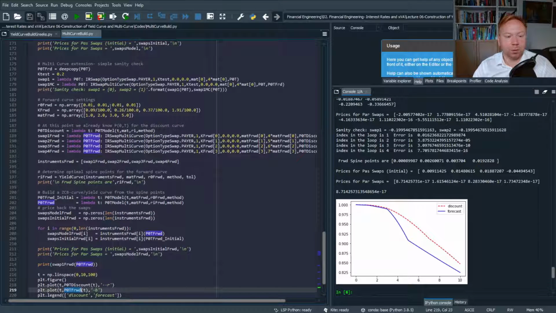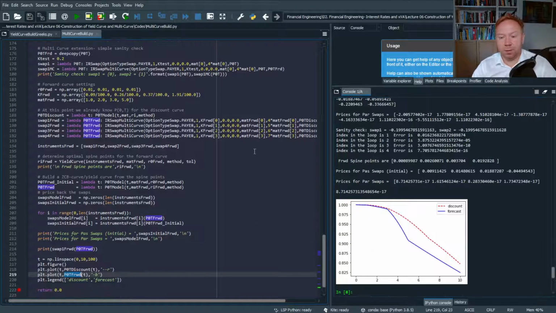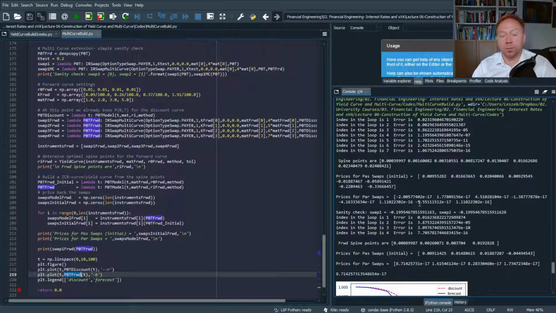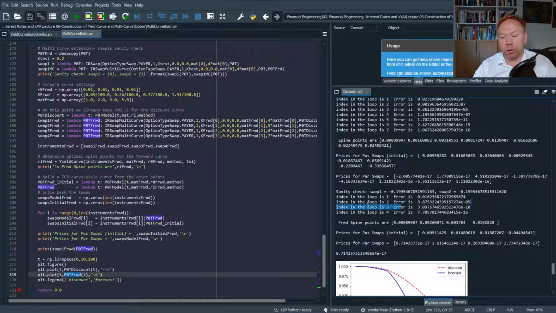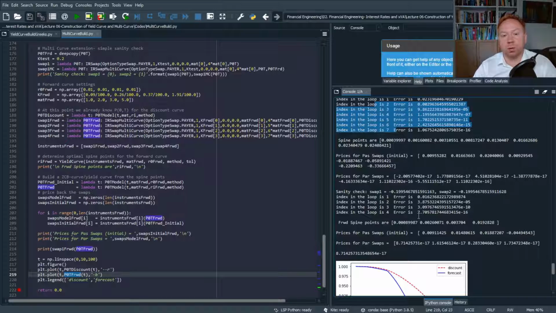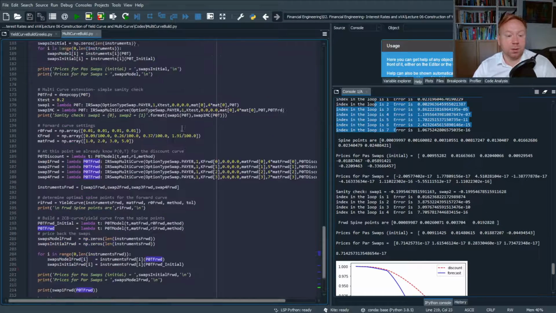This comes from the fact that we have only 4 instruments, so there is no smooth transition between those different maturities. Also, time-wise, it's rather fast, because we have already bootstrapped our discount curve, so a lot of information is already included in that. The optimization only required 4 iterations compared to 7 for the discount curve. So this calibration goes relatively fast.